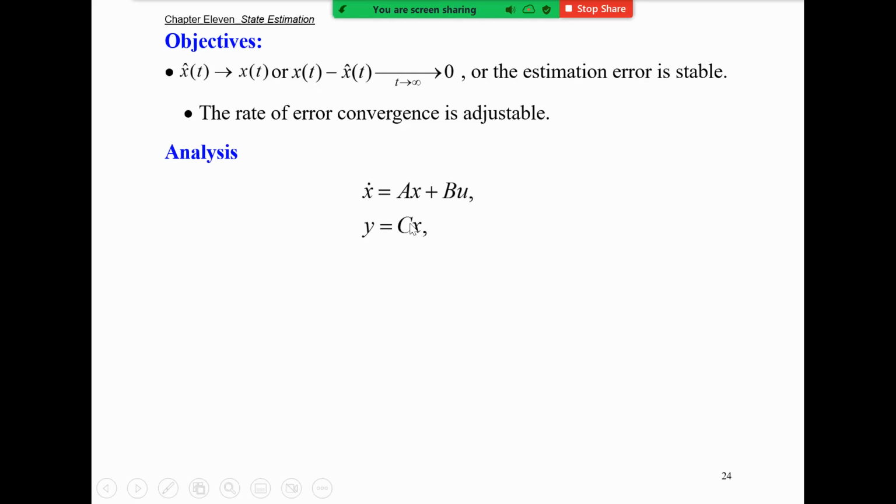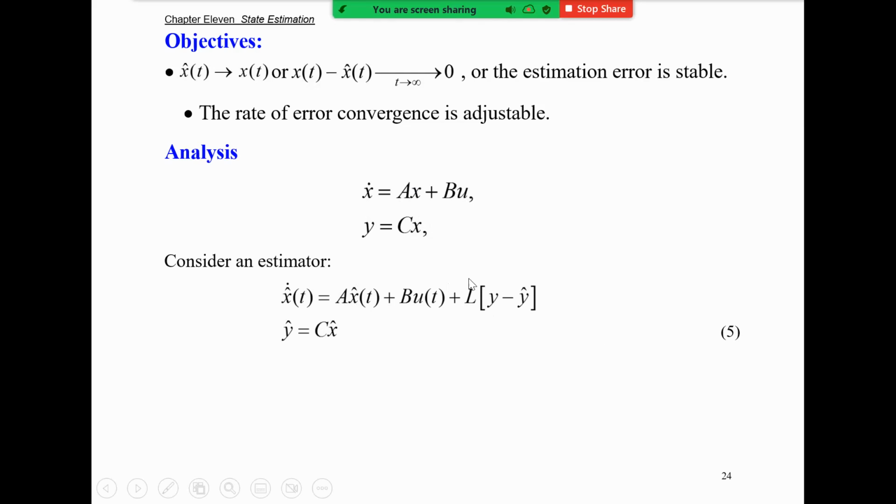So this is the model of the system, right? We build our observer. You look at the mathematical form. Without this feedback, it's just a copy of the original model, right? We know that may not work when A is unstable.